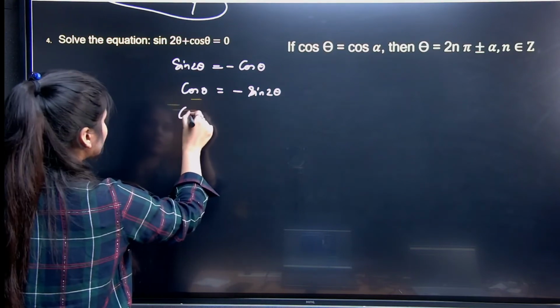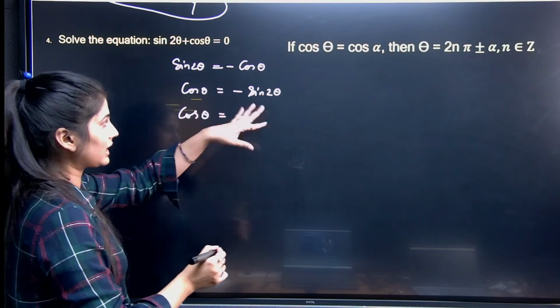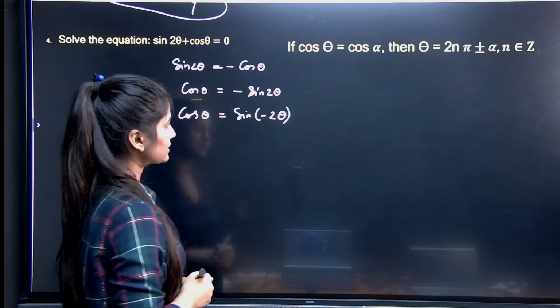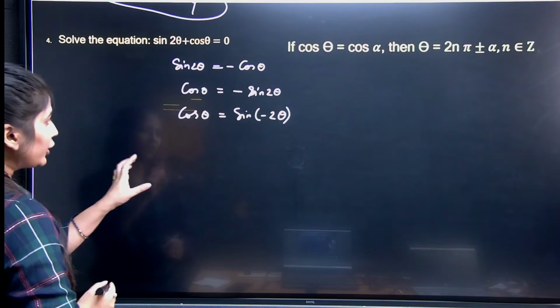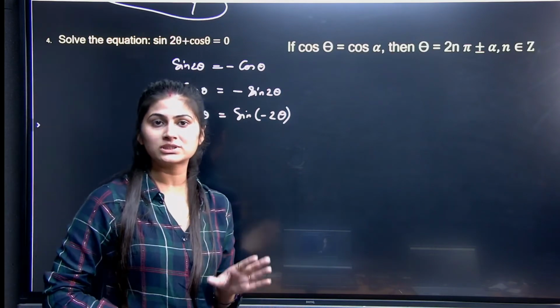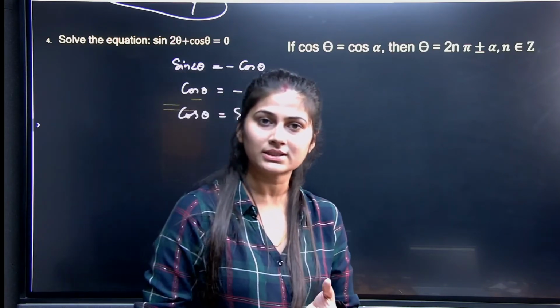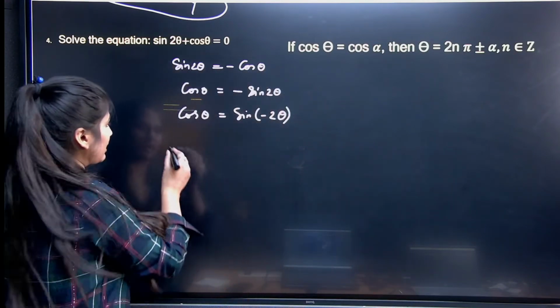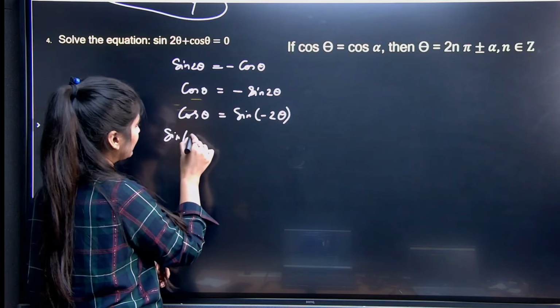Now it is cos theta and minus sine theta can be written as sine minus theta, right? Okay? Now we know that according to complementary rule, sine 90 minus theta is cos theta and cos 90 minus theta is sine theta. So this can be written as sine 90 minus theta.